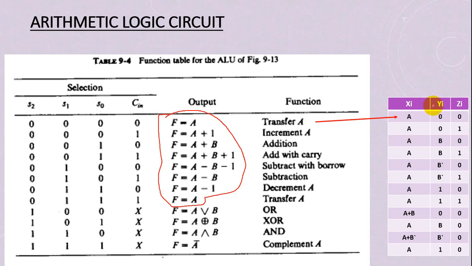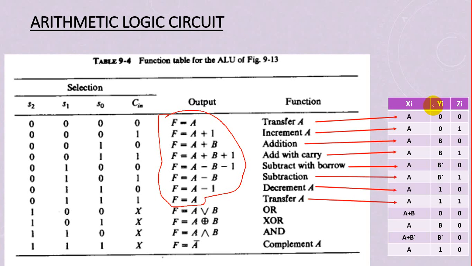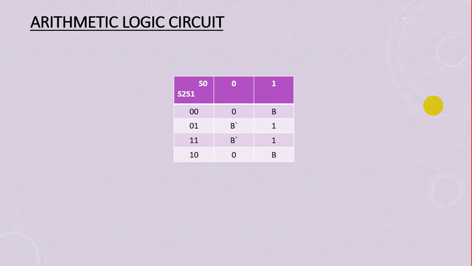Clear? So let's find the logic equation of X. How to find the logic equation of X? Look at over here. We need to do the K-map. In the K-map there are three variables, S0, S1 and S2, depending on the arithmetic logic circuit design.